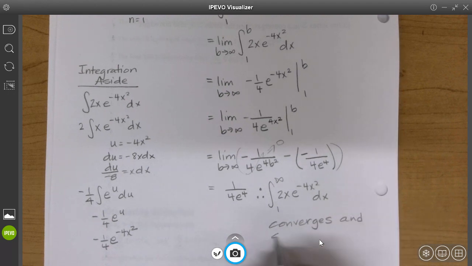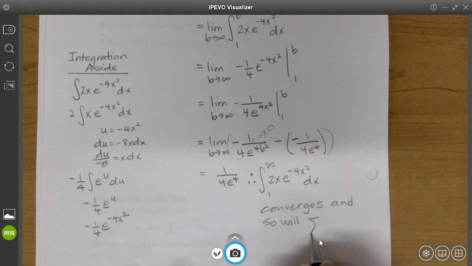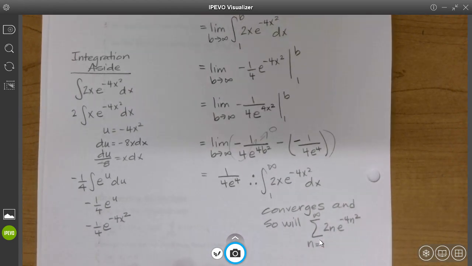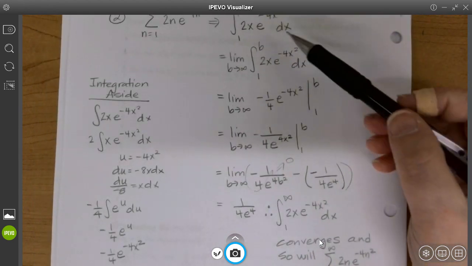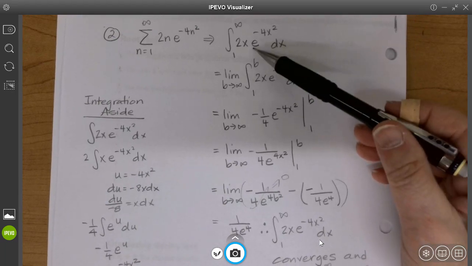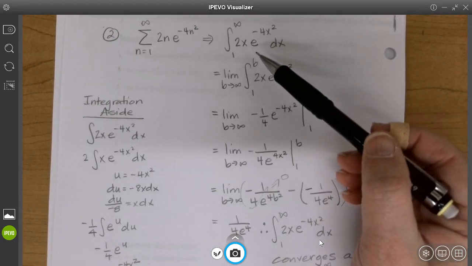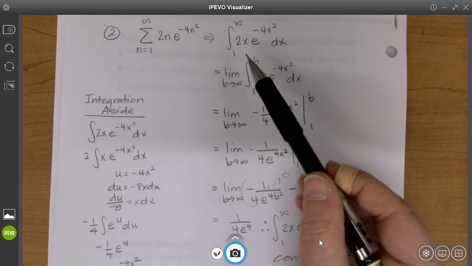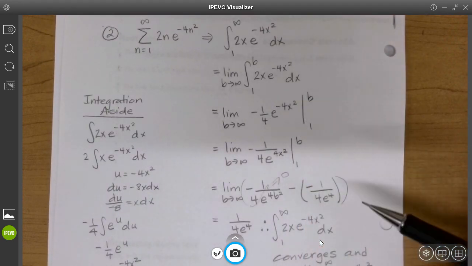and so will the series that it's associated with, which happens to be the sum from n equal 1 to infinity of 2n e to the negative 4n squared. Now, I didn't check to see if this was a positive, continuous and decreasing function, this 2x e to the negative 4x squared.